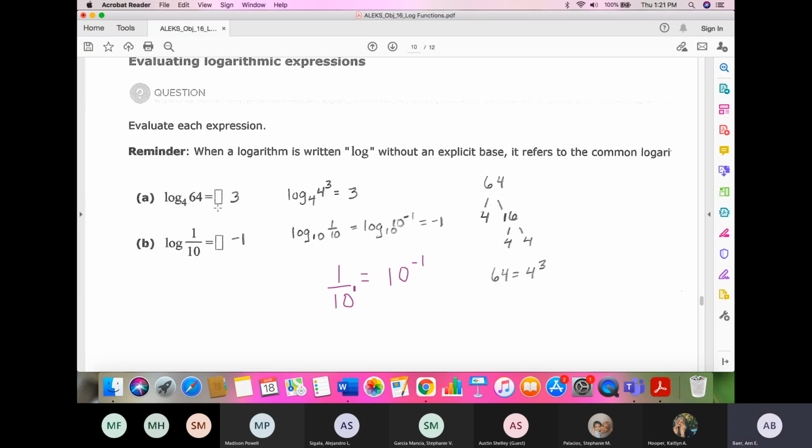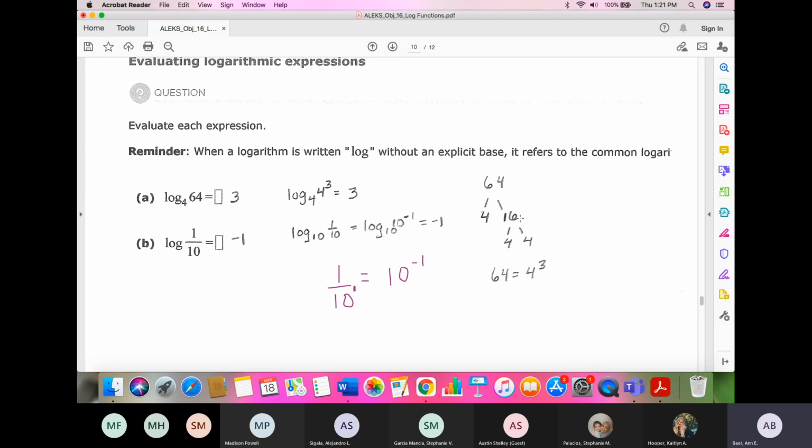We want to evaluate this expression right here, log base 4 of 64. So let's put 4 down. Now we're trying to get this 64 to have 4's in it so they match. So it makes sense to try taking 64 on your calculator and dividing it by 4. So 64 divided by 4 is 16.